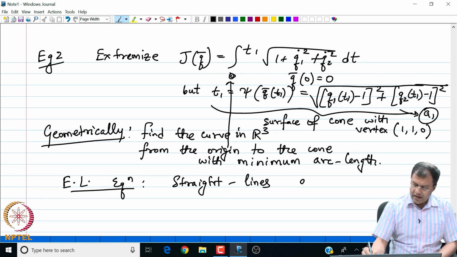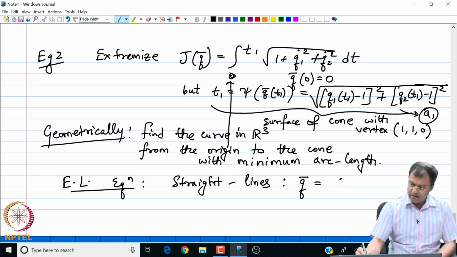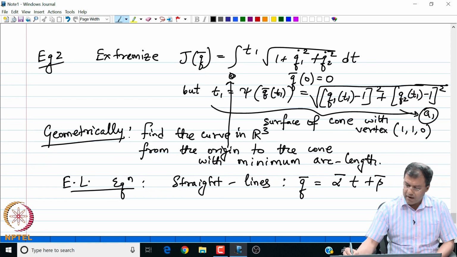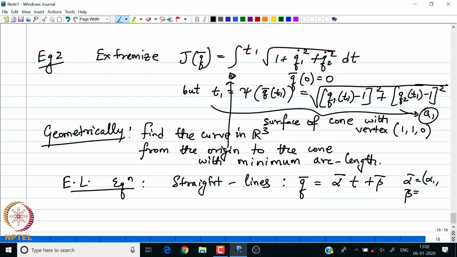I see that my solution q bar in terms of t is alpha bar t plus beta bar, where my alpha bar and beta bar are vectors, because this is a set of two equations, and we are given one boundary condition, q of 0 is 0.